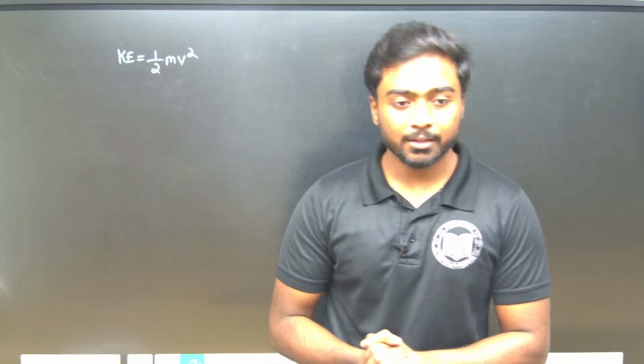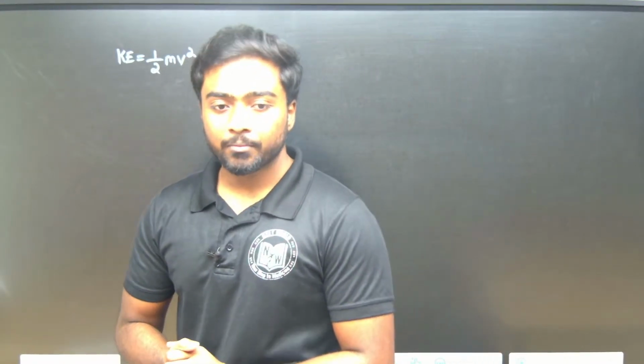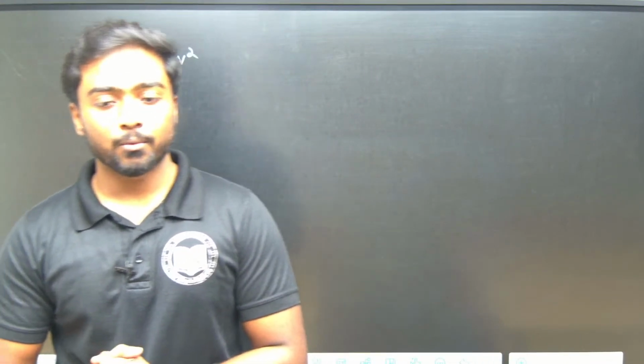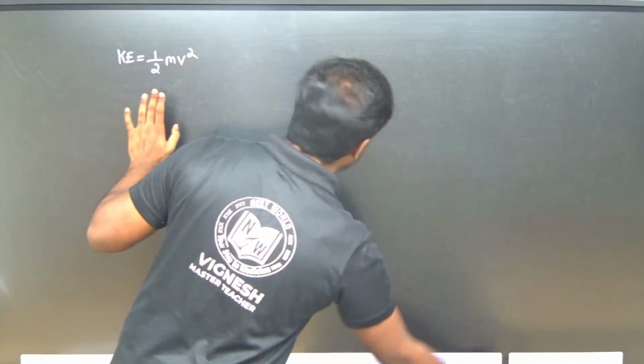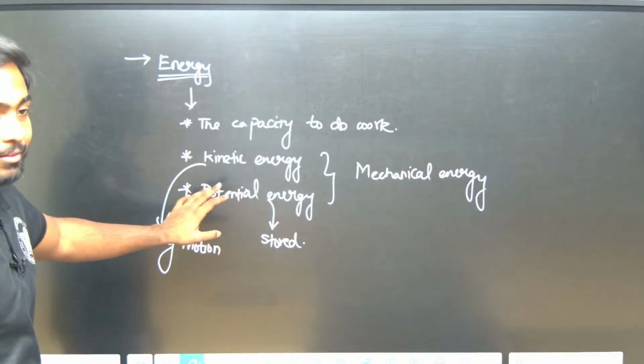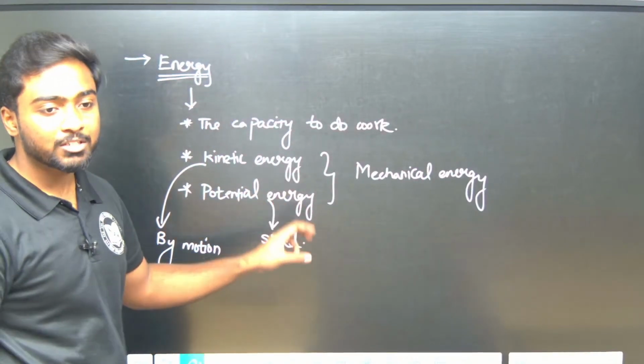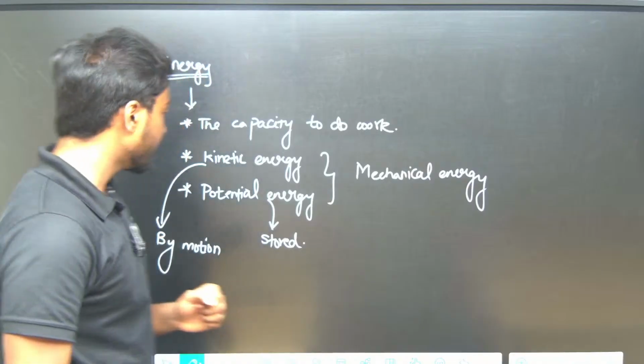When I talk about the SI unit of energy, it is joules. So the first one, we have discussed what is energy. Next, we have discussed what types of energy we are going to deal with in this lesson.